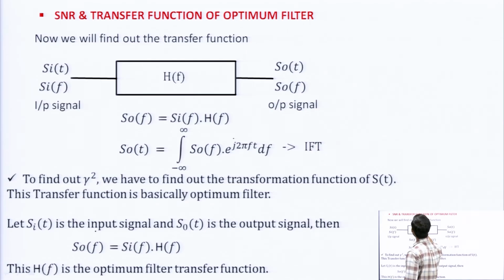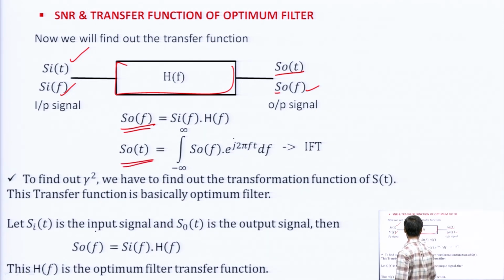Now we will find out the transfer function. This is the filter H of f, whose input is Si of f, the input signal spectrum. Similarly the output signal S naught of t in the frequency domain: S naught of f equals Si of f multiplied by H of f, and using the inverse Fourier transform, S naught of t is the integral of S naught of f e to the j 2 pi f t df.